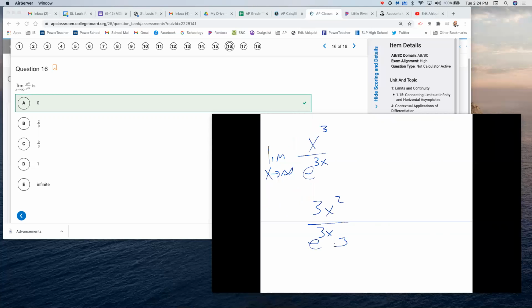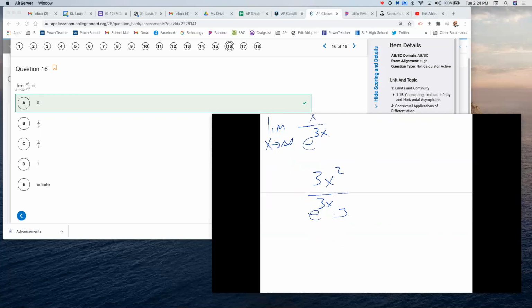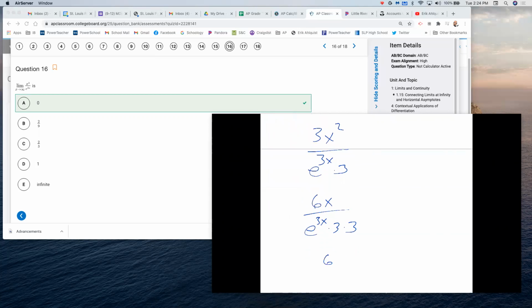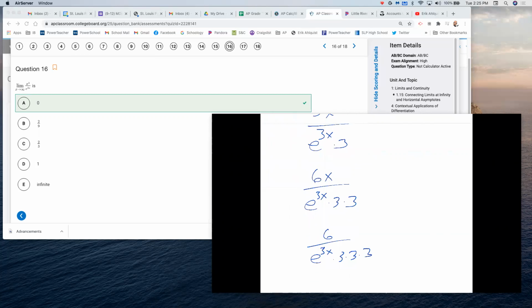And that's still infinity over infinity. Differentiate again, you get 6x over e to the 3x times 3 times 3. That's still infinity over infinity. Differentiate it again, you get 6 over e to the 3x times 3 times 3 times 3. That's 6 over infinity, which is equal to 0.